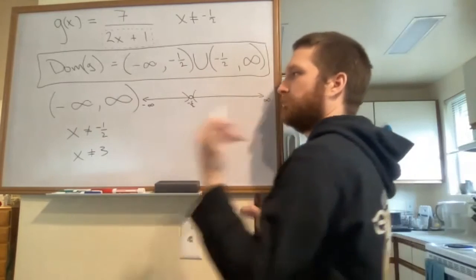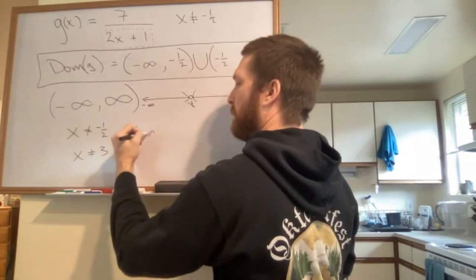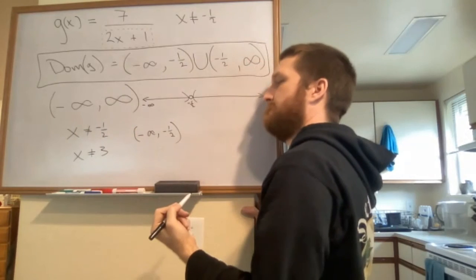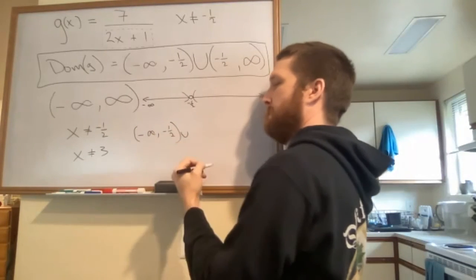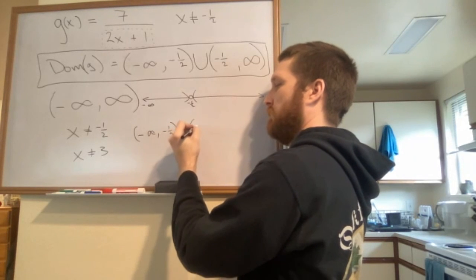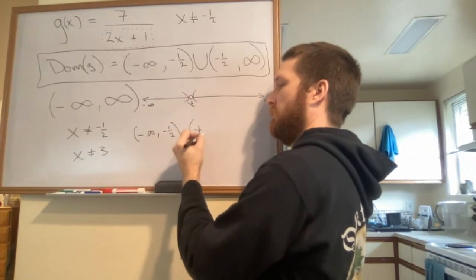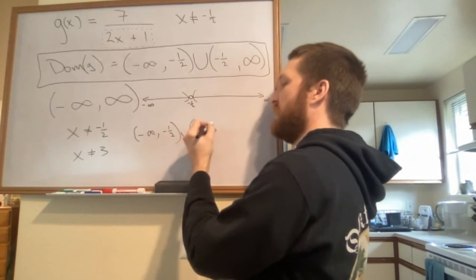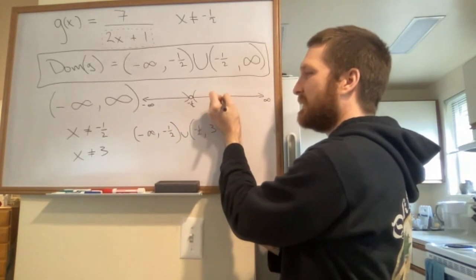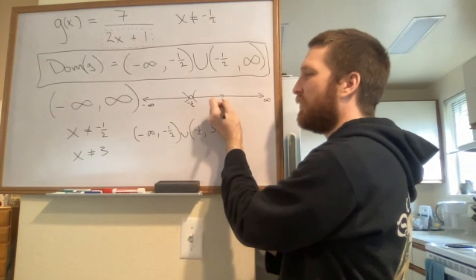Soft bracket, -infinity, comma, -1/2, and then the union. And then you have the soft bracket, -1/2, comma, 3, up to 3, because we also have to pull out a 3.